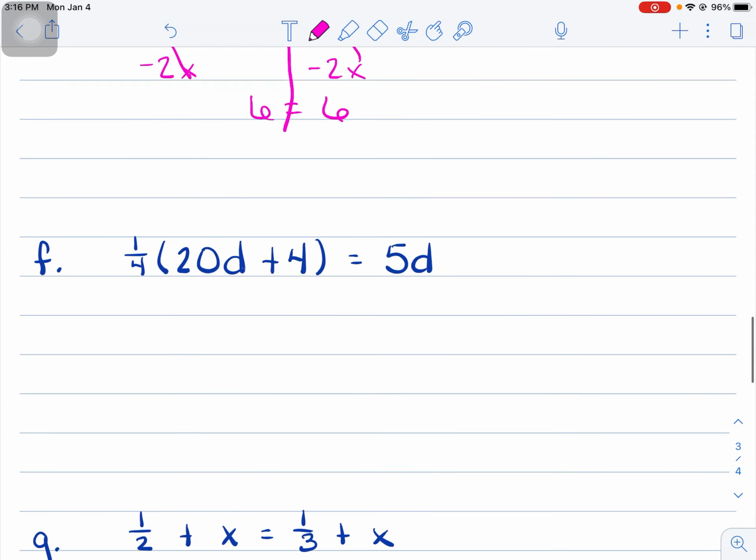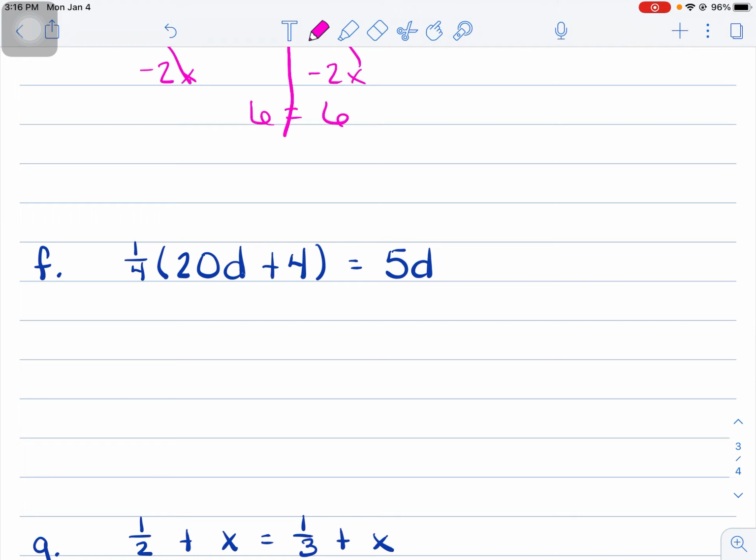All right, let's look at F. We have a fraction here. Now we can use our clearing fractions, or this one's a pretty simple one we can go ahead and distribute. 1/4 times 20. Remember, it's just like saying 20 times the 1 over 4, which gives you 5d. Okay? And then 1/4 times 4 gives me 1.